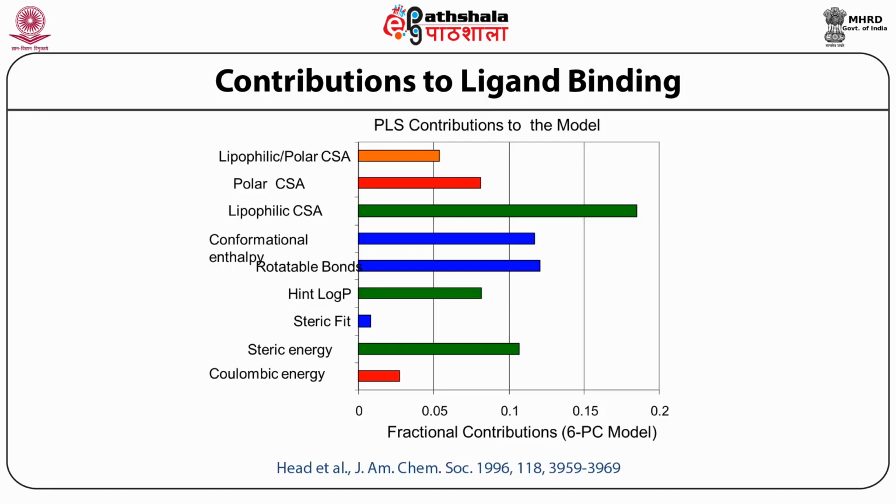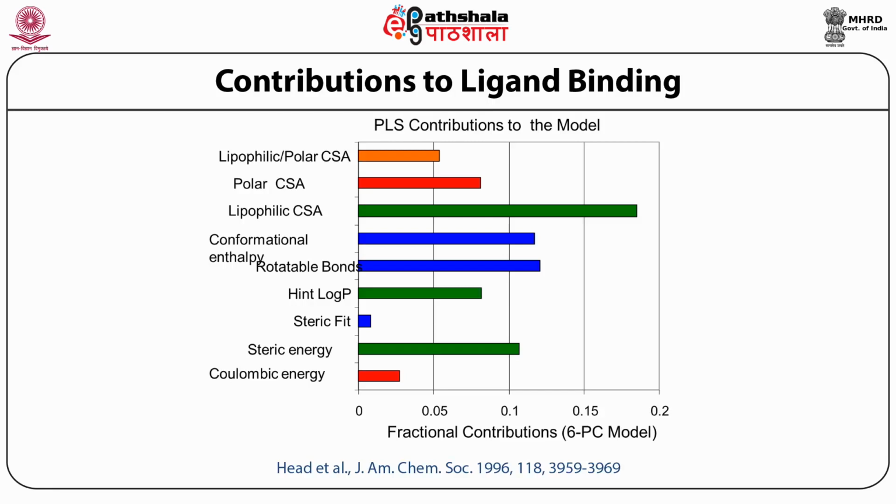Hence, most often lipophilicity contributes the maximum to the scoring functions. Then comes steric energy, hindrance basically, not better fitting, and polar SA etc. However, rotatable bonds and conformational enthalpy also contribute quite a lot in that model.